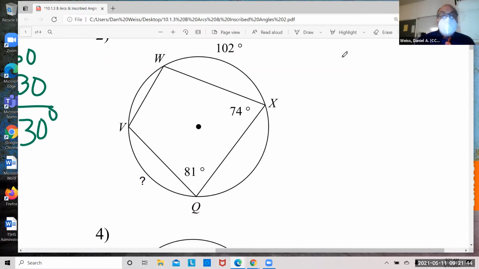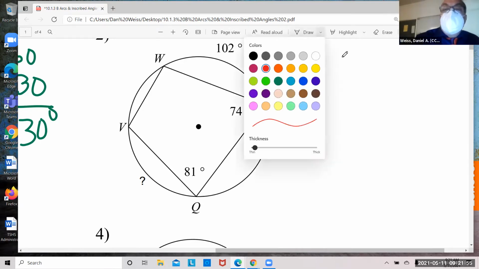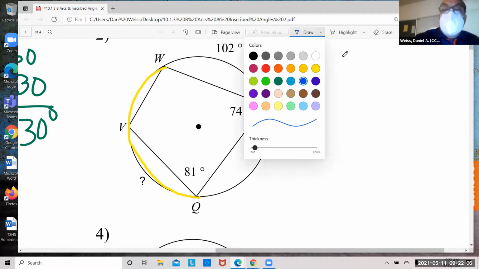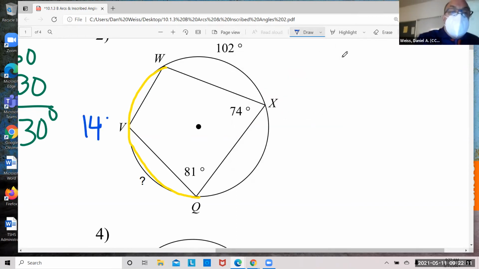This one's interesting. All right. So here, from W to Q, that's going to be 148, right? 148.